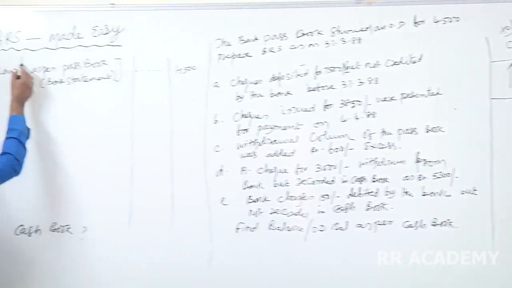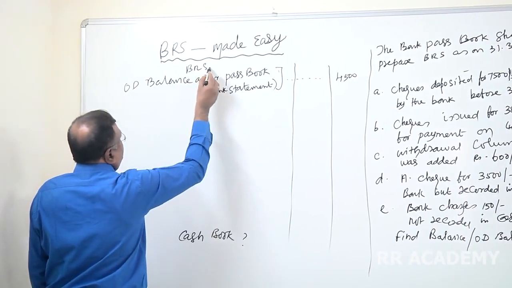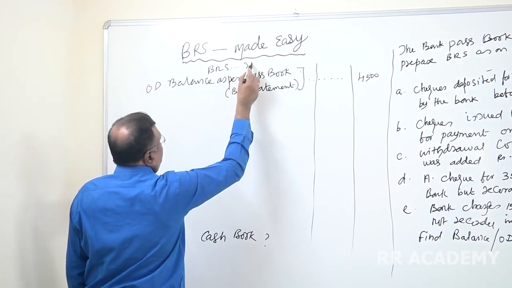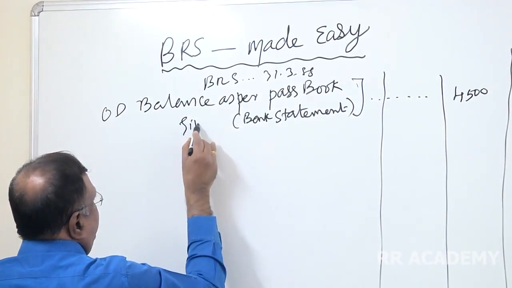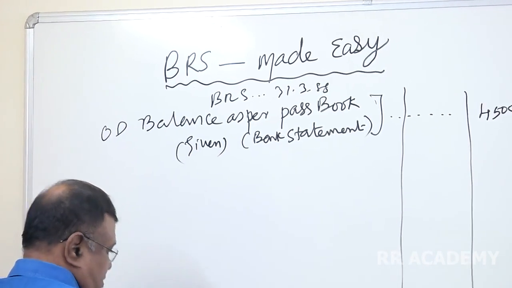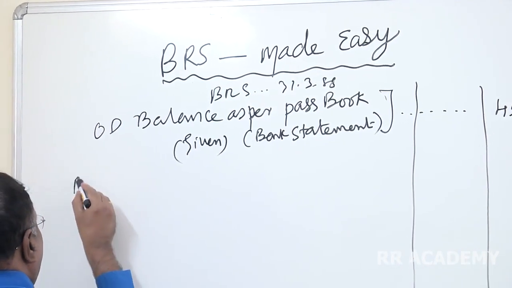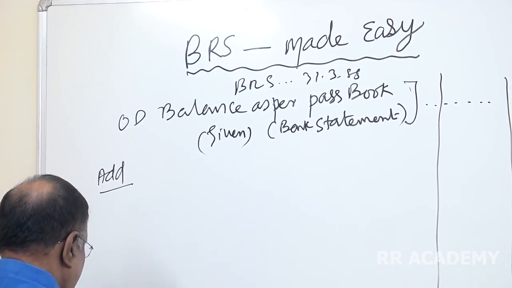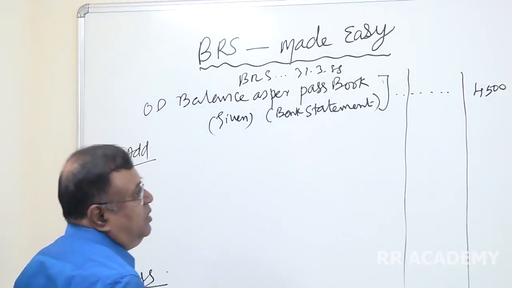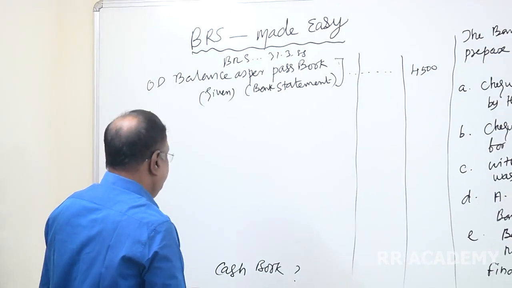Here you should write BRS as on 31,388. This is given. This is to find. Now add, then less. So therefore, the answer is less.